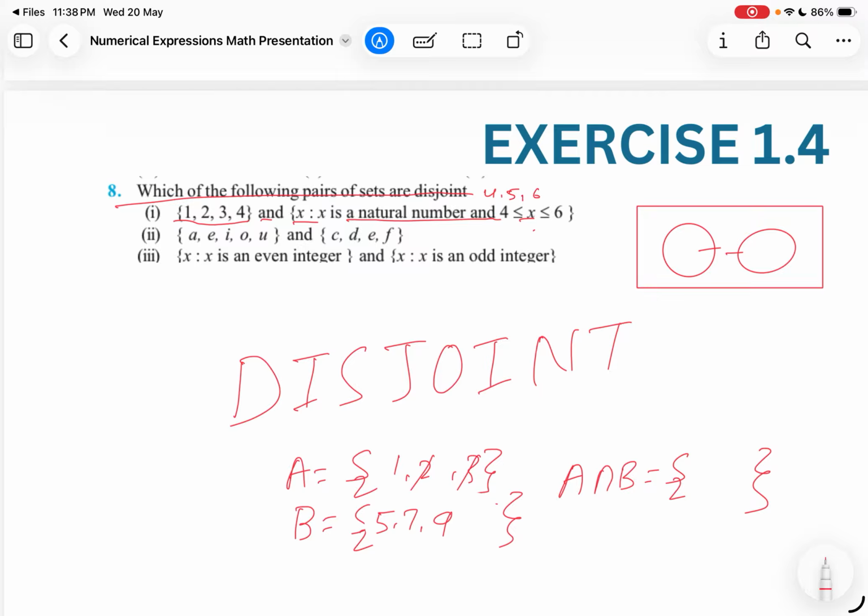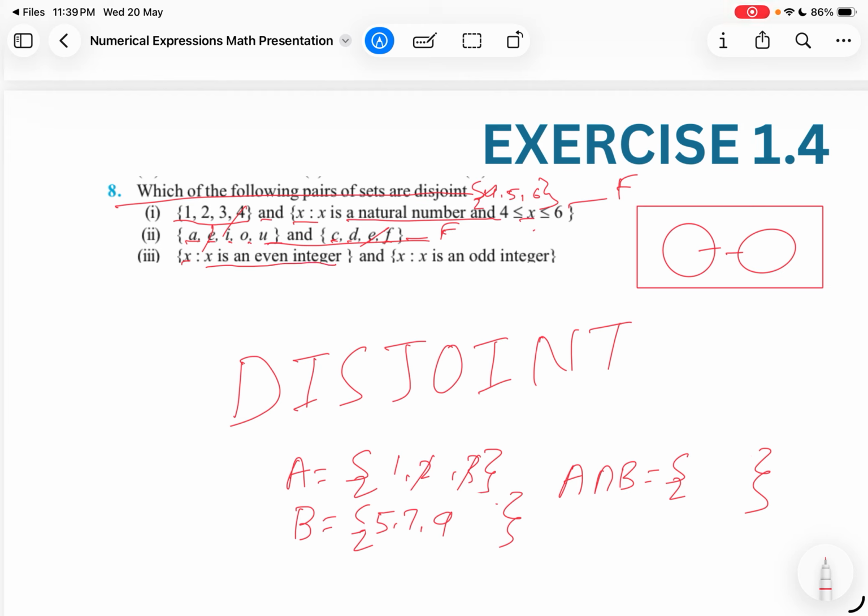Are the elements of both not common? See, 4 is common, so this is false. There is some common area, so it is not disjoint. Next, A E I O U and A C D E F: E is here, E is also here, so this is also false. We have some common area in this example, so it cannot be disjoint.